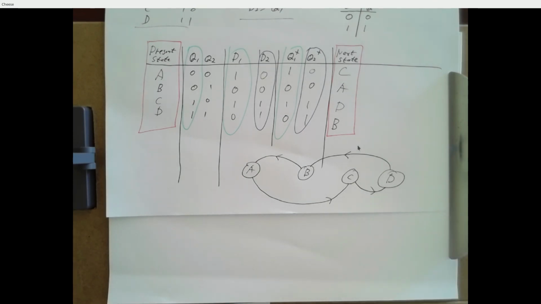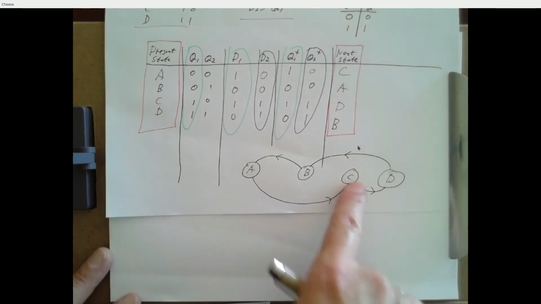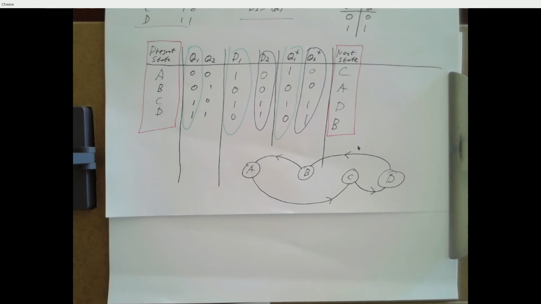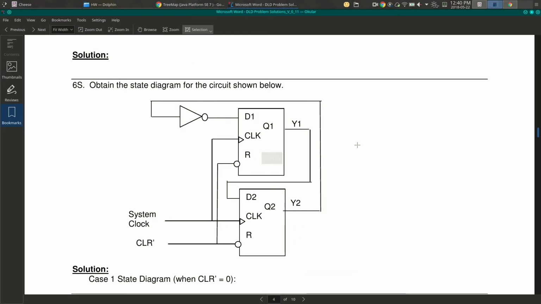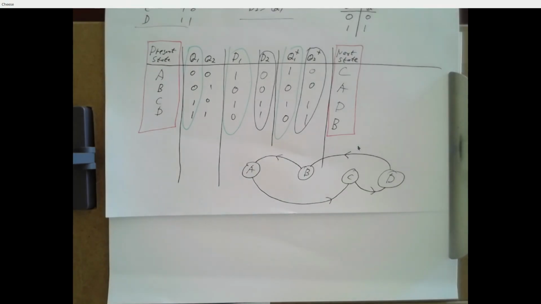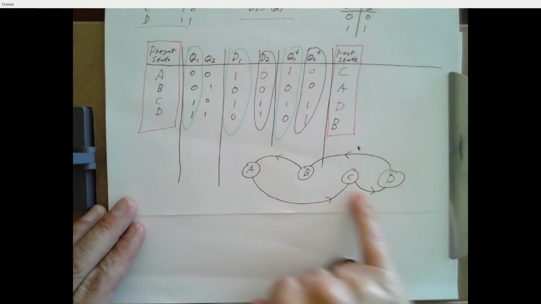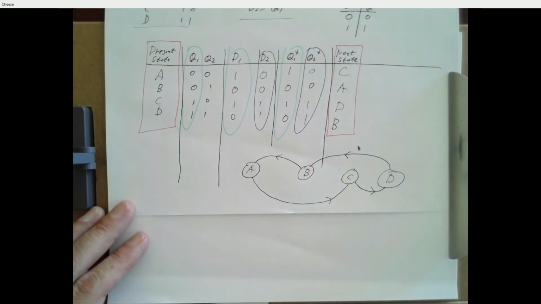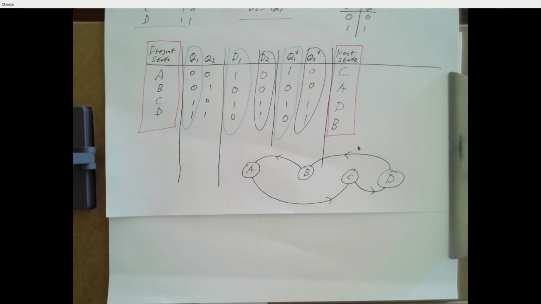Except we're not really counting in numbers, we're counting A, C, D, B, A, C, D, B. And that's probably not at all clear from looking at this, right, that that's the behavior we're going to get. But we've reduced it to a very simple visual representation of how the system flows from one state to another. So it actually has 4 states, and it goes through all 4 states every 4 clock ticks.